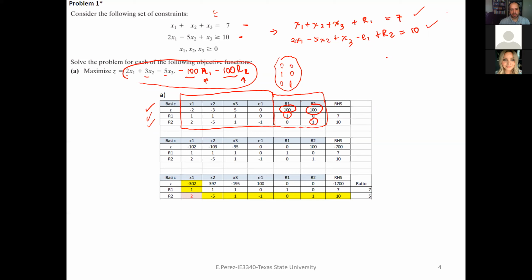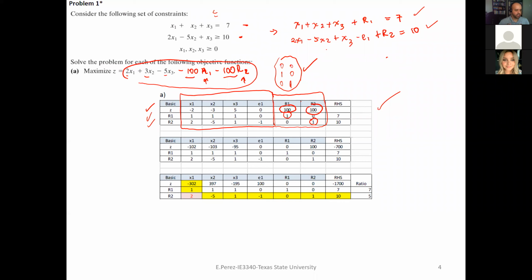At this point, we're almost ready to apply the simplex method, but we always have to remember that the columns for the initial solution have to look like this. They have to be zeros and one. When you look at this first table, that's not the case.